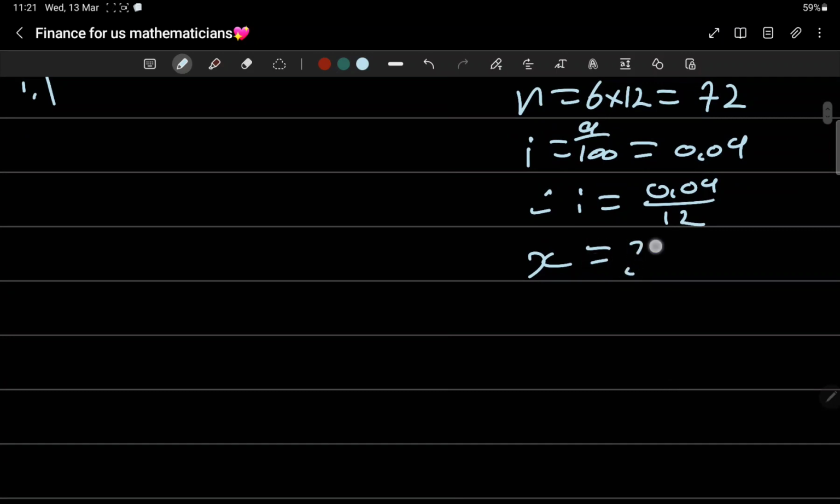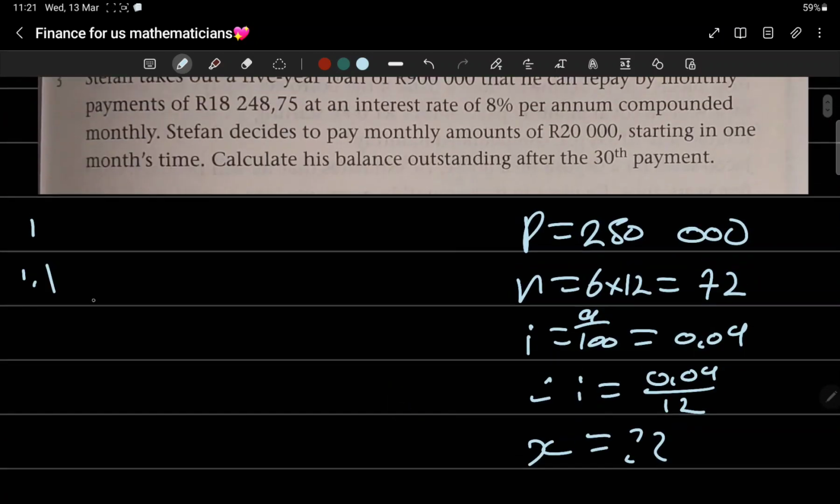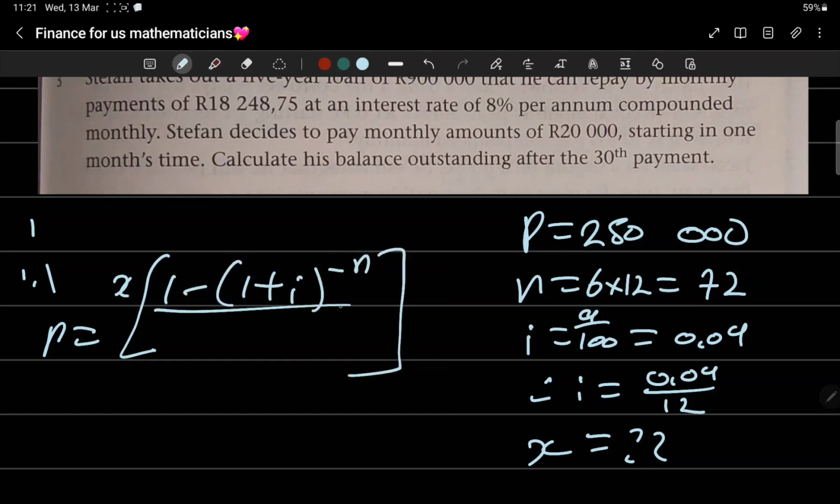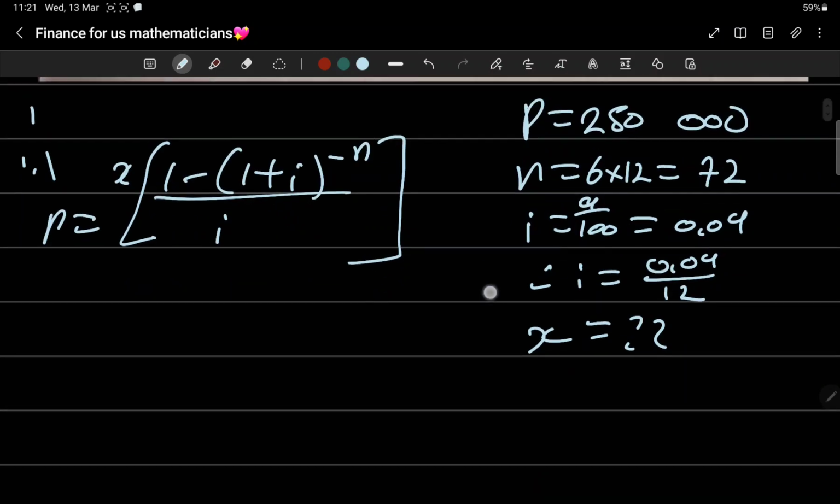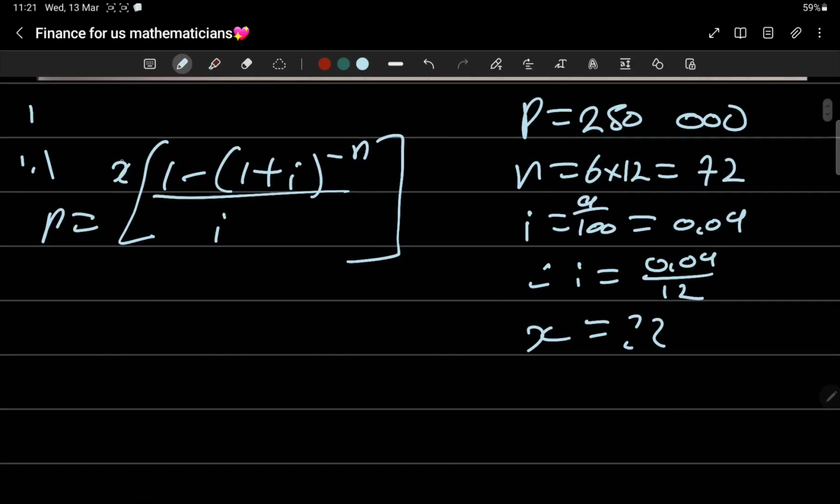We don't have that. So since it's a loan, we use this formula: P equals x times the bracket 1 minus (1 plus i) to the negative n, over i. Then let's make x the subject by dividing both sides by the bracket.